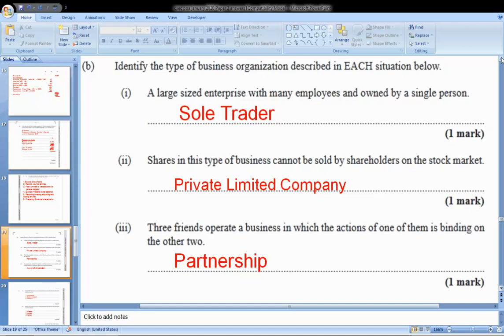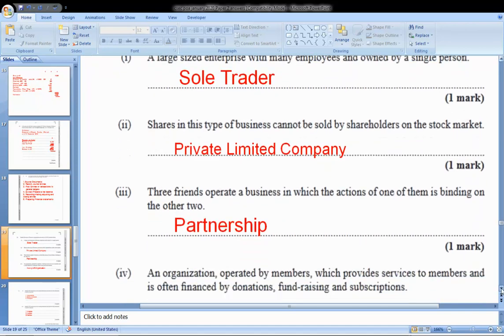We know that. Private limited company. 1 mark for that. The third one says, 3 friends operate a business in which the actions of one of them is binding on the other 2, and we know that's a partnership. 1 mark for that.